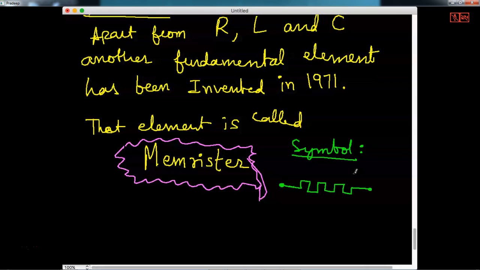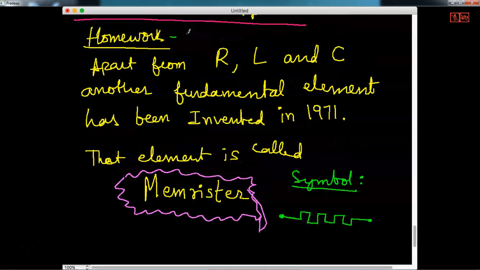This is the symbol for that particular memristor. So the homework is to find out more about the memristor.